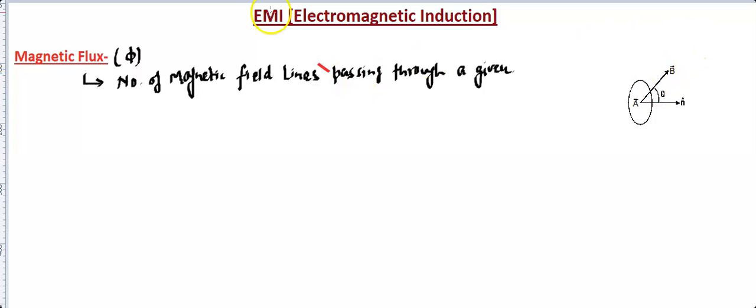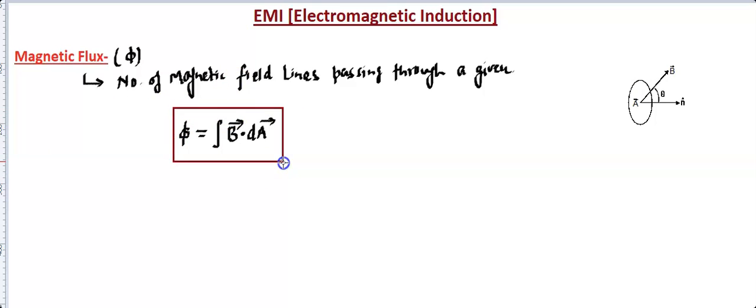So mathematically we can write this magnetic flux as phi is equal to integration of B dot dA. If you remember the flux definition in electrostatics, it is exactly the same, where we had phi is equal to E dot dS. Here dA we are using for the differential area element, and B is the magnetic field. So this is the magnetic flux because of the magnetic field through a surface, right?